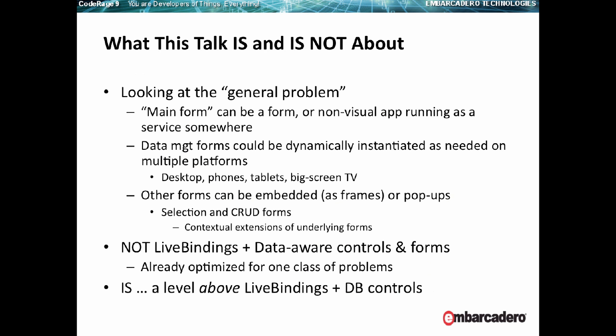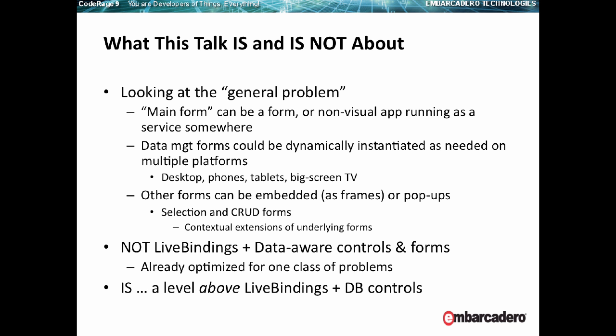So what this talk is and is not about, I'm looking at the general problem. So when you're talking about an application as a main form, it can be a form or it could be a non-visual app running as a service somewhere. The data management forms can be dynamically instantiated as they're needed on whatever platform you're on, say a desktop, a phone, a tablet, even your big screen TV. And some of the other forms that are basically selection and CRUD forms, they can be embedded as frames or as pop-ups.